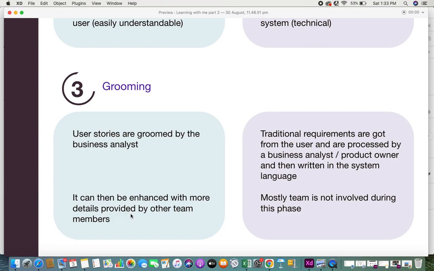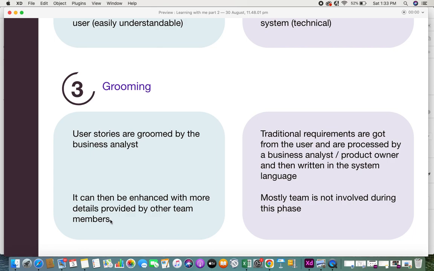And the last one is that it can be enhanced with more details provided by other team members. There are the 3 C's that need to be followed when you write agile stories. One is the card, it should fit in a card. The next one is conversation, it should enable communication. And the last one is confirmation.